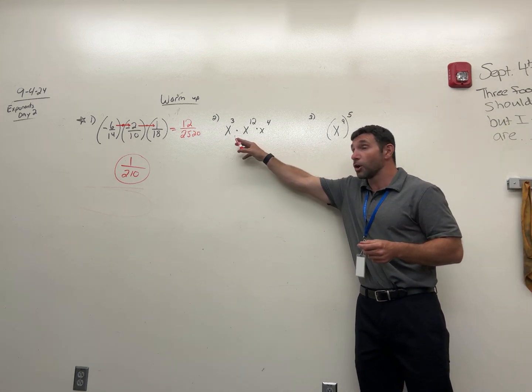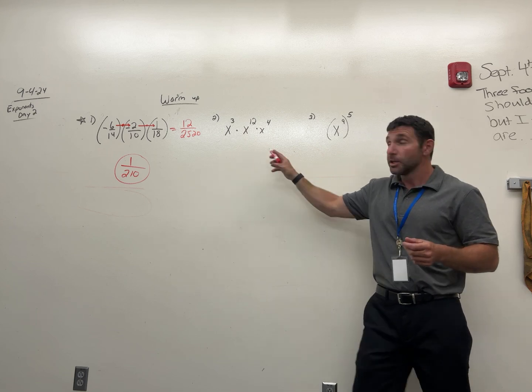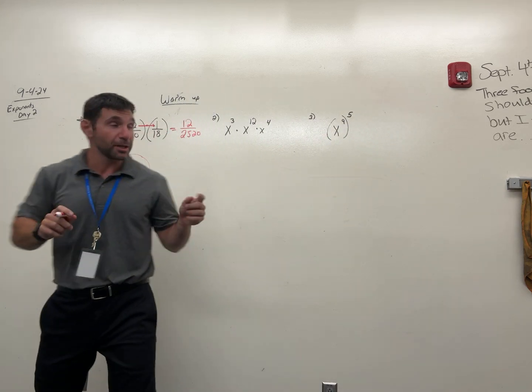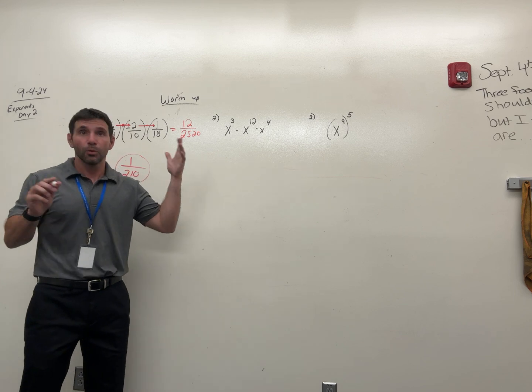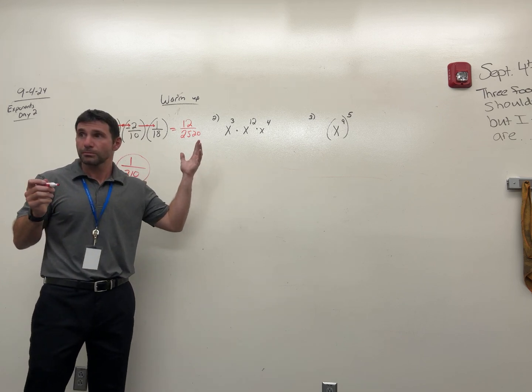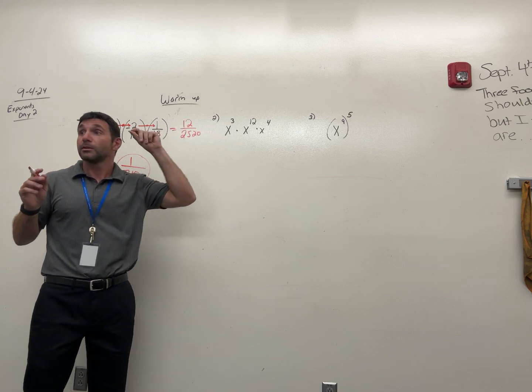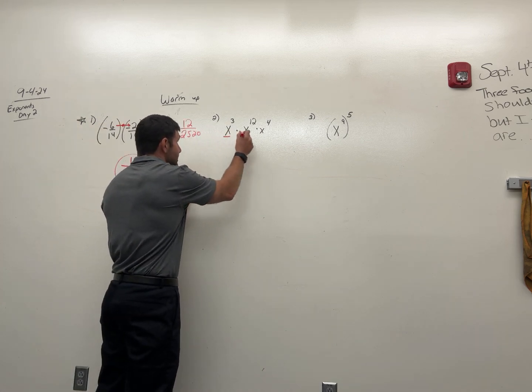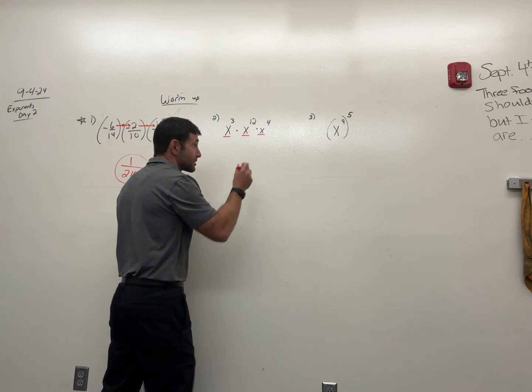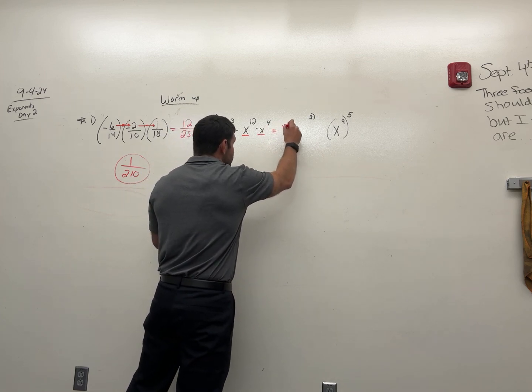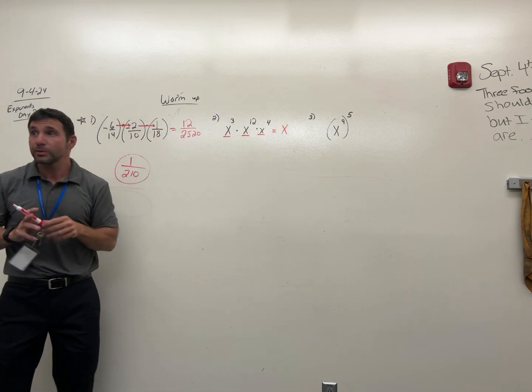Product property is multiplication. So, when we are multiplying like bases, what are my like bases here? Nope, those are exponents. The X's are my bases. The X is a base, the X is a base, the X is a base. Which means we keep the base. What do we do with the exponents?